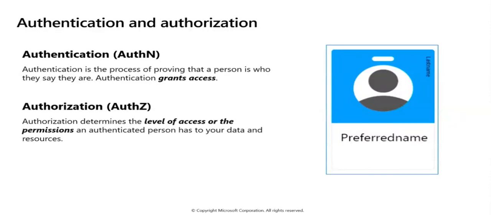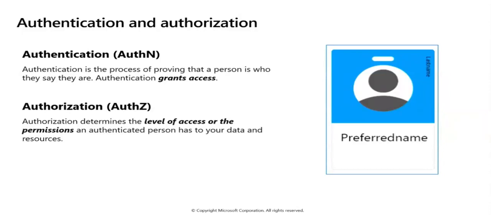Now, this is where the second part starts, which is authorization. Authorization, also sometimes referred to as auth-z, simply allows you a level of access that should be permitted once you have authenticated yourself. For instance, if I try to log into a database, I would be challenged by authentication to ensure I am allowed to log into that database, with my username and password to ensure I am the correct person that's trying to log in.